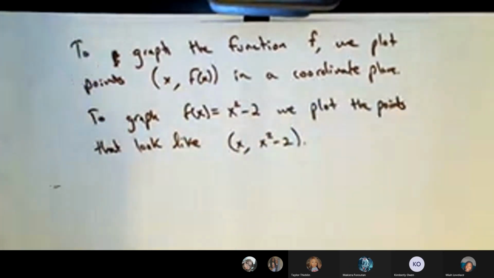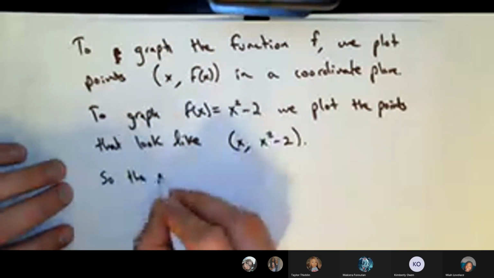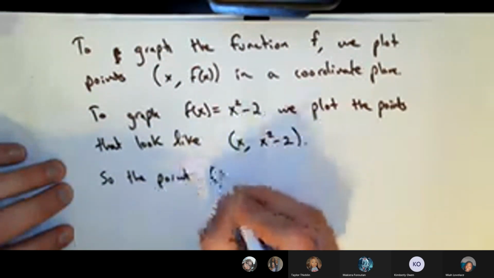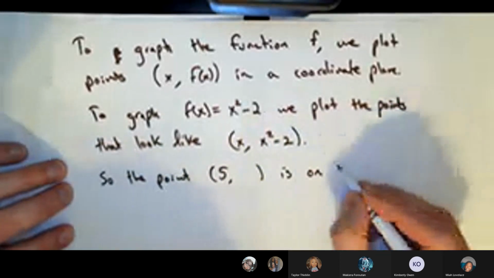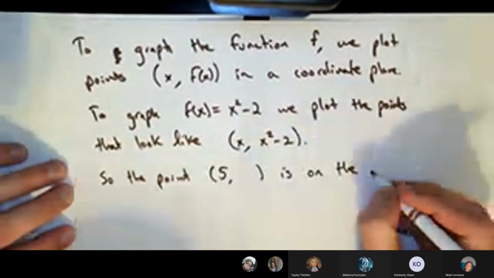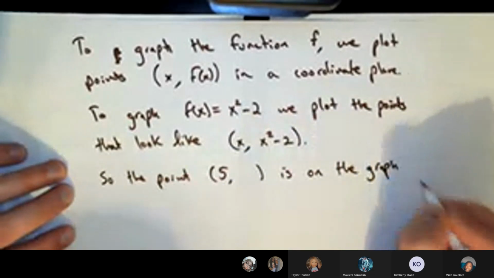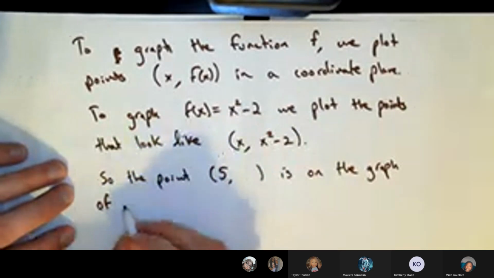That's what the coordinate points are going to look like, though we really never describe them that way. But again, this is one of those WebAssign questions. So the point 5 comma blank is on the graph of f. And what would that be? Taylor, what would that blank be? If you literally plugged in 5 into this function, what does it give you?